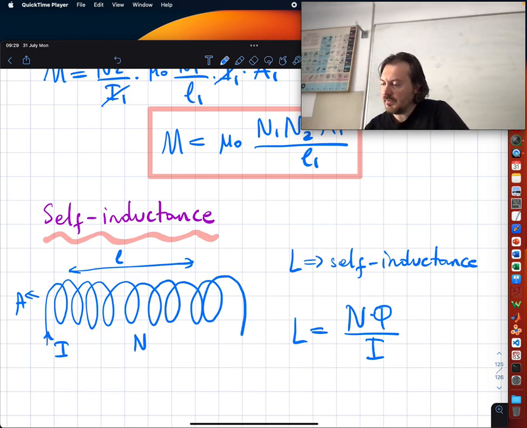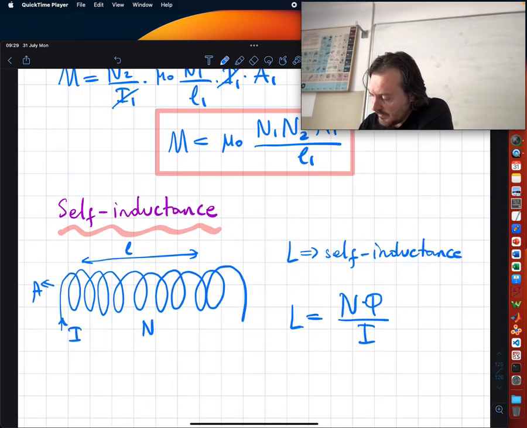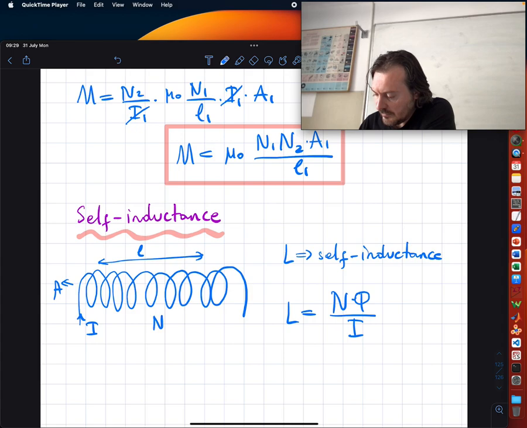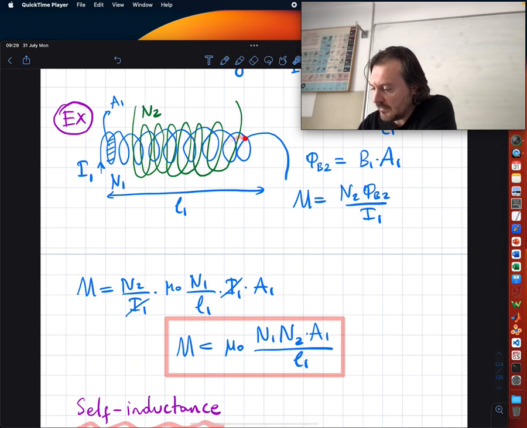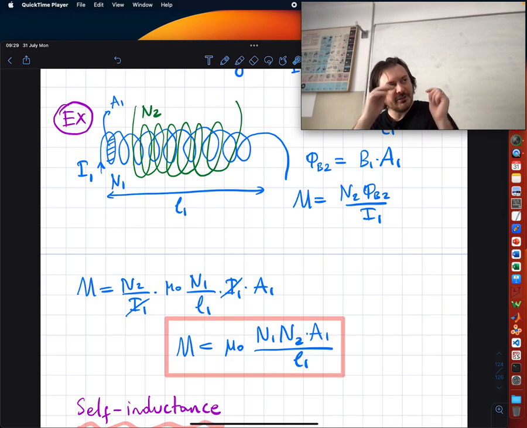And from the previous solution, we can assume that this coil is both of these coils in here. It's like these two coils are right on top of each other. Okay?